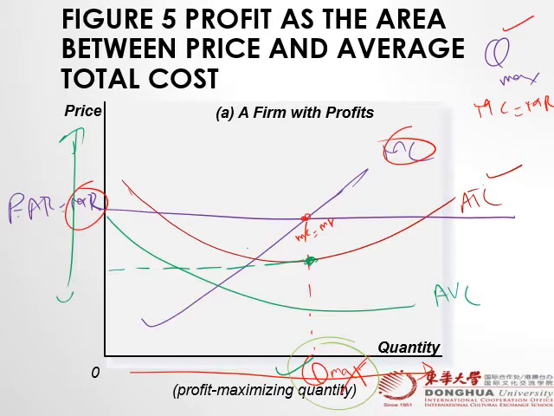So did you see something? You know the rectangle here, this one and this one. So this area is called profit, right? How can you find out the profit?